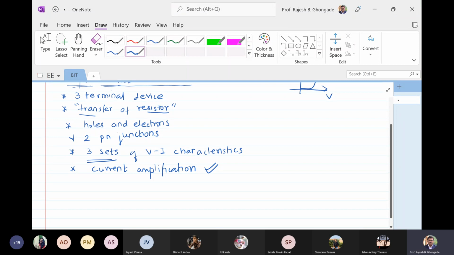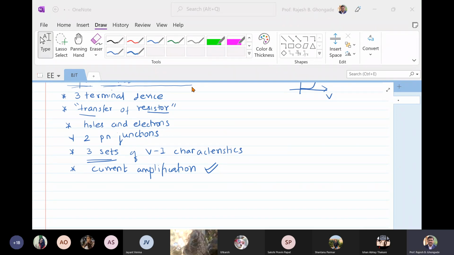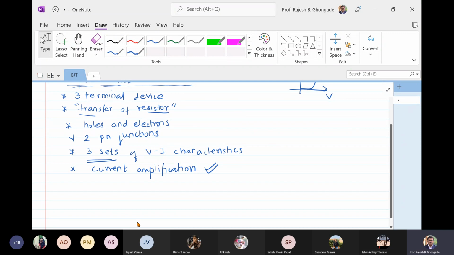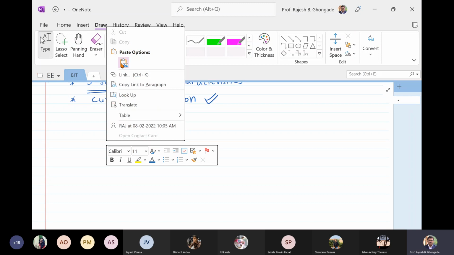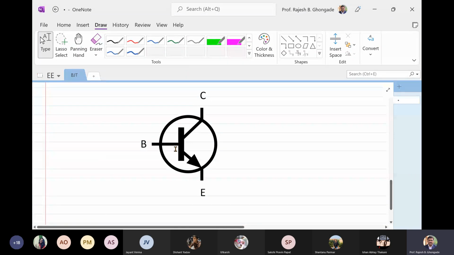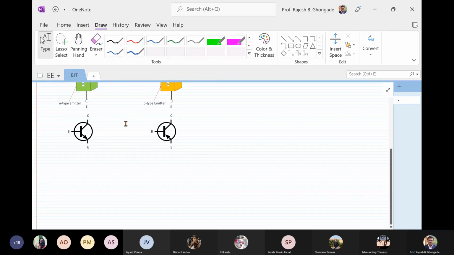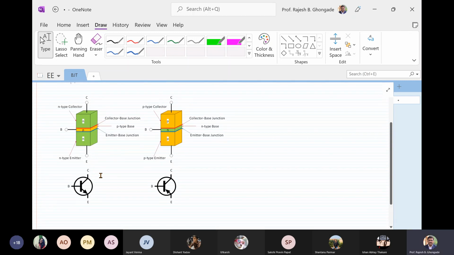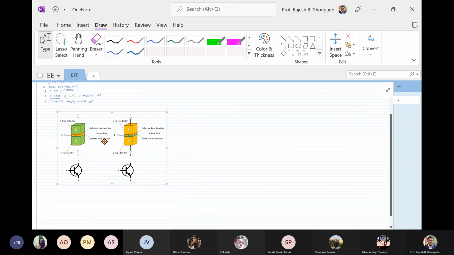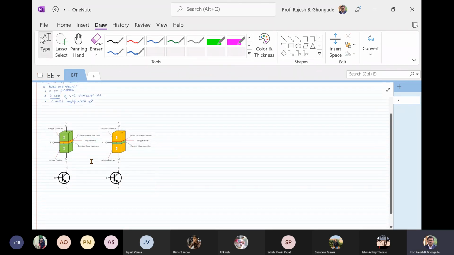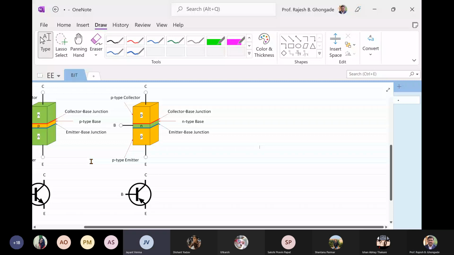If I show you the picture of what exactly you have, let me just copy the picture from my Visio file, and then things will be clear to you. Is this picture visible to all? Yes, sir. So look at the construction.